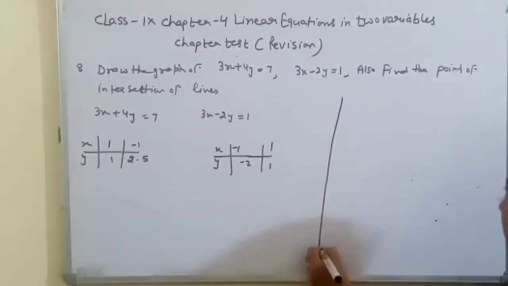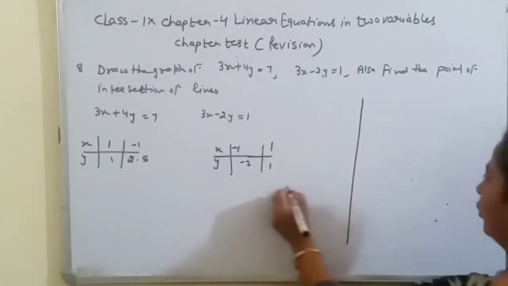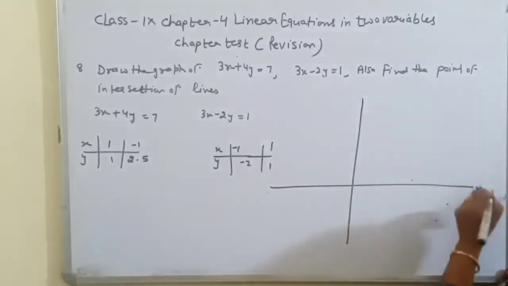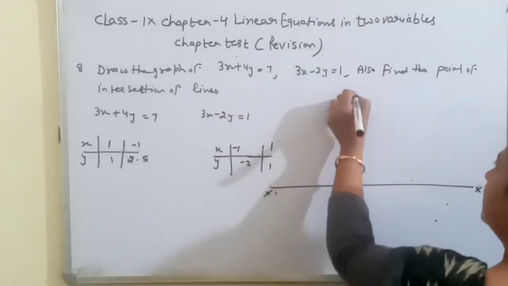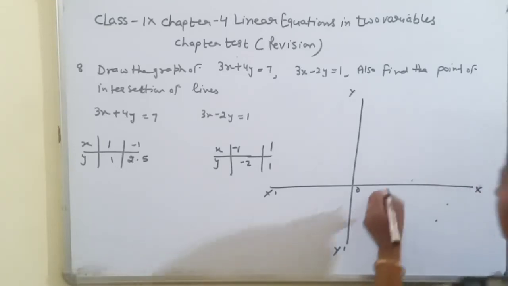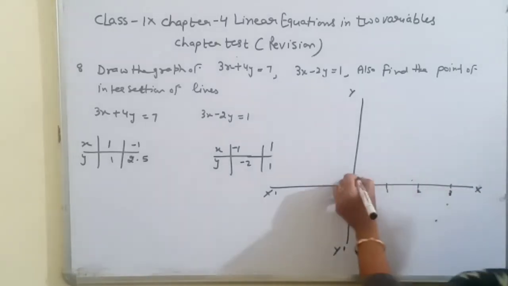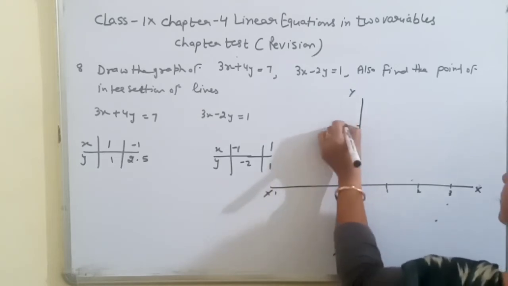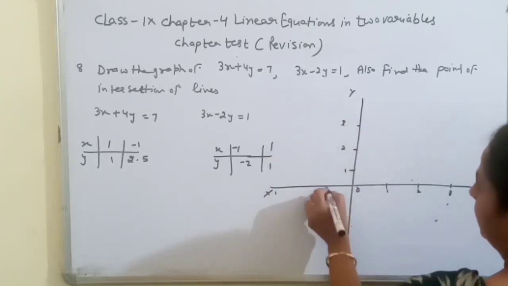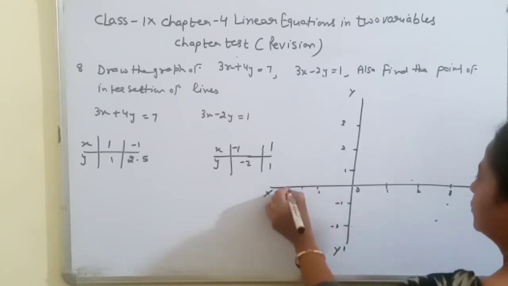We have to draw these two lines on the same graph sheet. So draw the Cartesian plane, x-axis, positive x, negative x, positive y, negative y, horizontal values are 1, 2, 3, minus 1, minus 2, and vertical values 1, 2, 3.